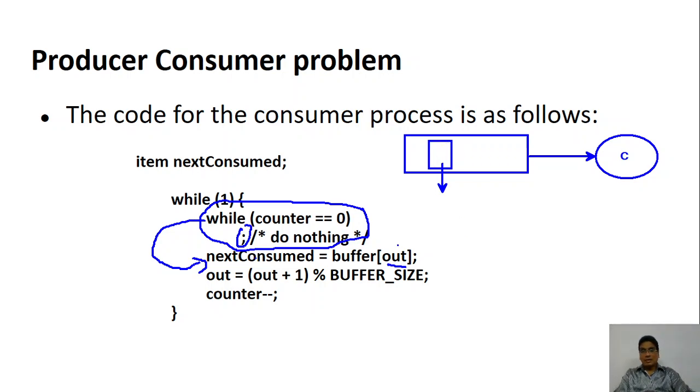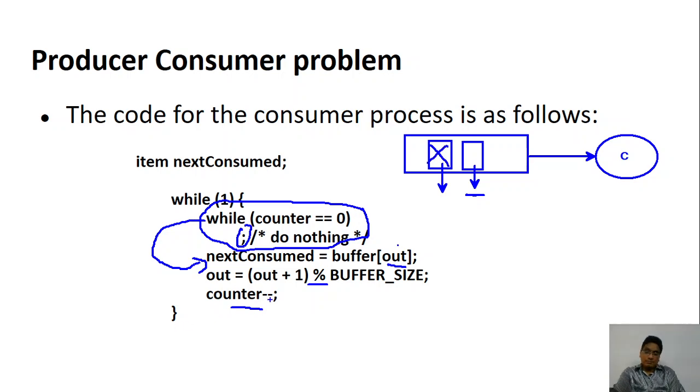And what is the next thing it does? It points the pointer to the next location from which the item has to be consumed. In other words, the pointer will be incremented. Definitely one item has been consumed, so the counter has to be decreased.